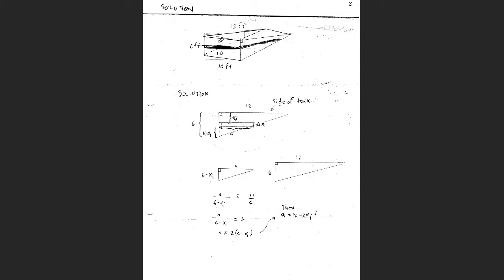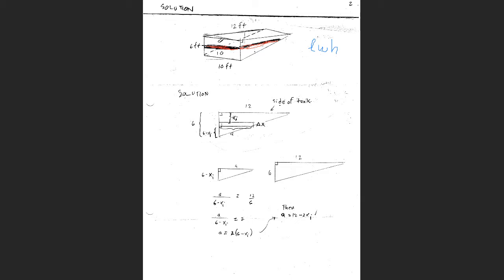In other words, to find the volume, I would need to find the length times the width times the height for the ith layer of water. And the ith layer of water, again, that's this. Here's the ith layer of water. I think of it as the shape of a brick, or a box.